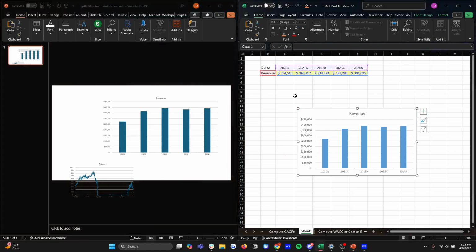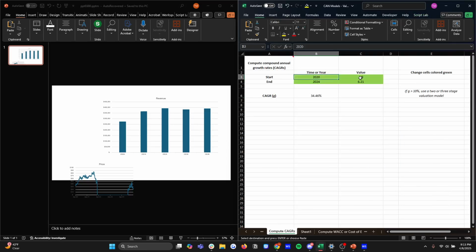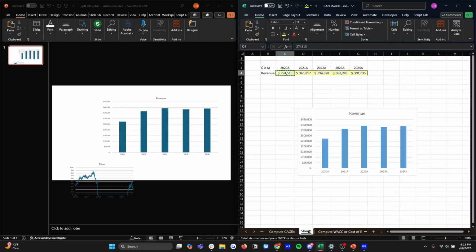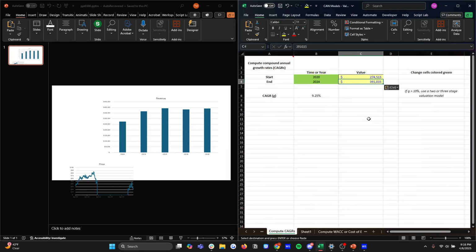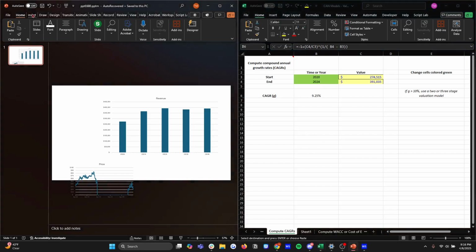I can go over here and say, okay, in 2020, this was my revenue. Paste it here. And then in 2024, this was my revenue. And I can see my CAGR was 9.25. So I could insert, oh, just give her a minute. All right.